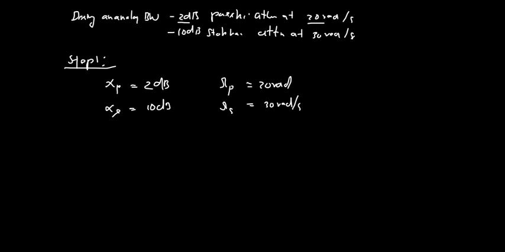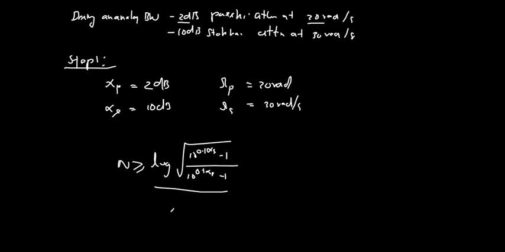Okay, so once we know these values, we can directly substitute in the formula: log of square root of (10 power 0.1 alpha s minus 1) divided by (10 power 0.1 alpha p minus 1), divided by log of omega s by omega p. Okay, so we can directly substitute the values.